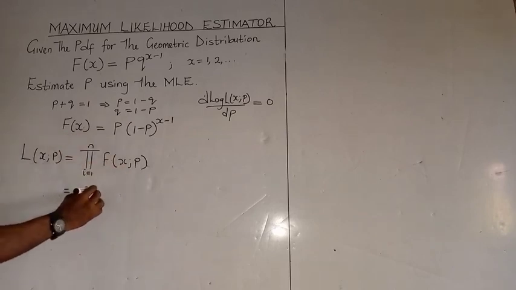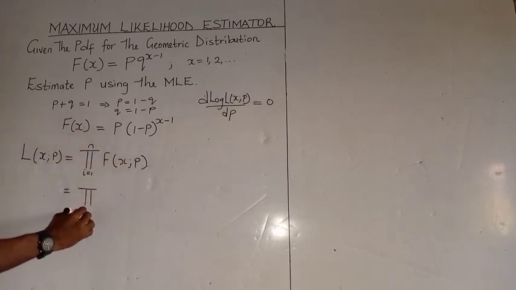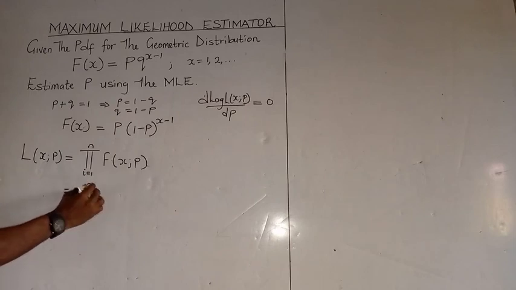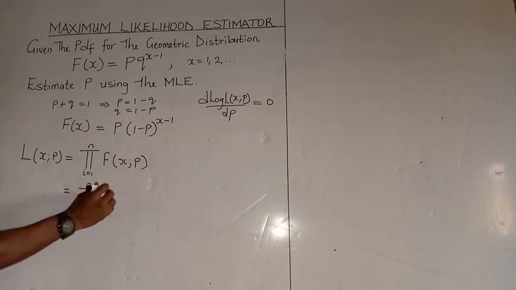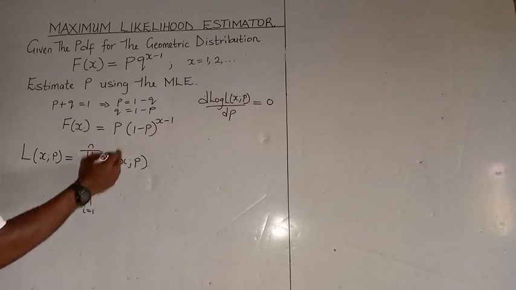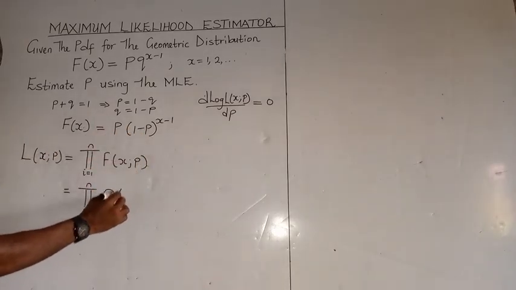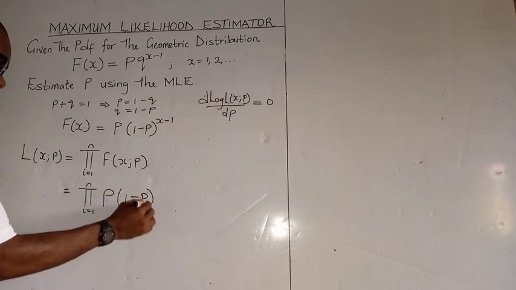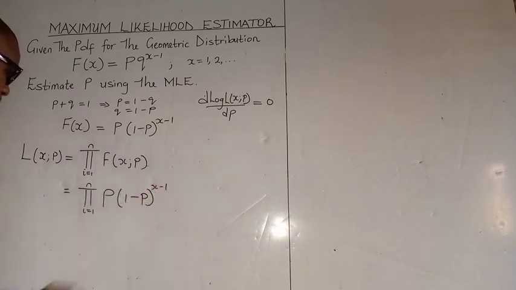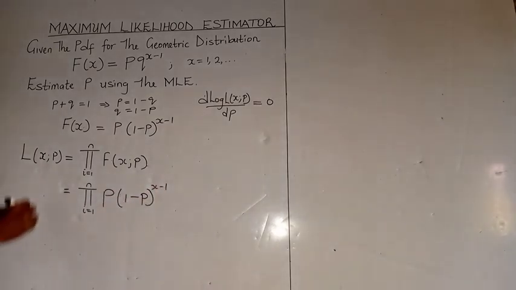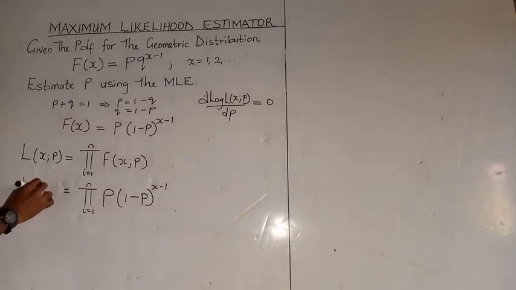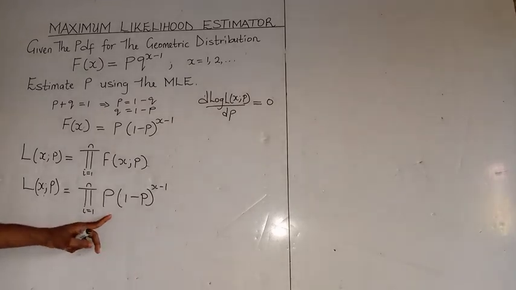All we need to do is to substitute the function into the likelihood function. So instead of this, we put P times (1 minus P) raised to the power of x minus 1. So this is now the likelihood function of P.